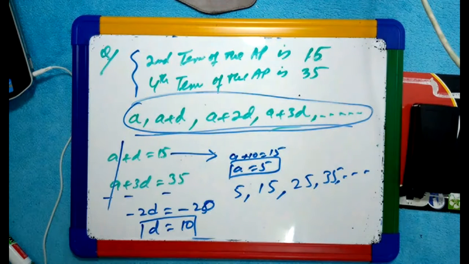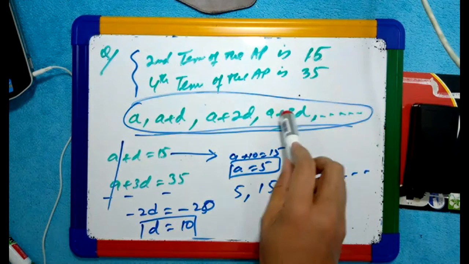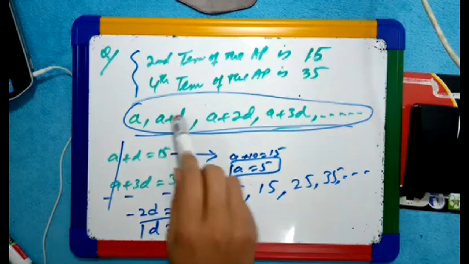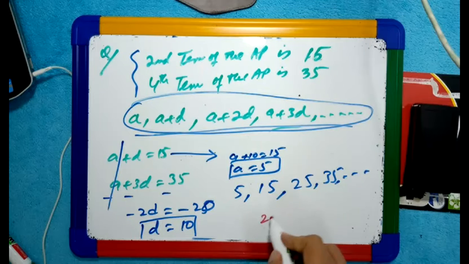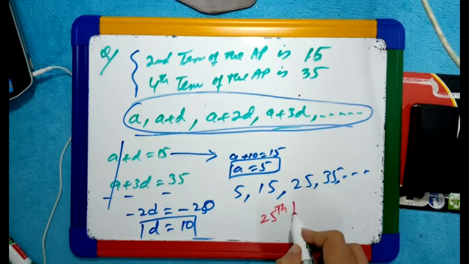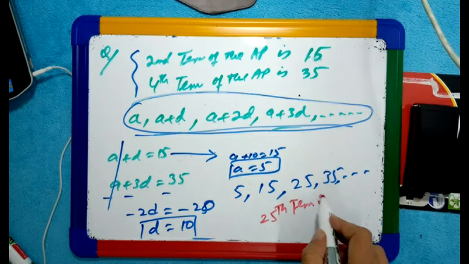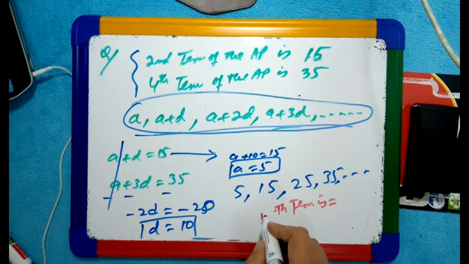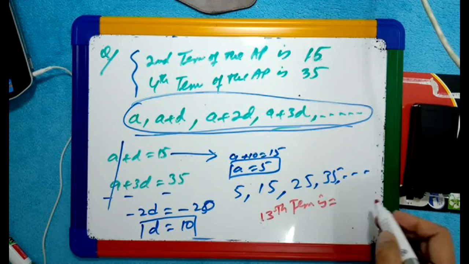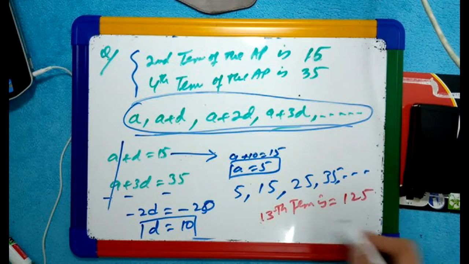Now if I just collect first, second and fourth terms, right? If they say the 13th term is 125, how will you write it in an equation?